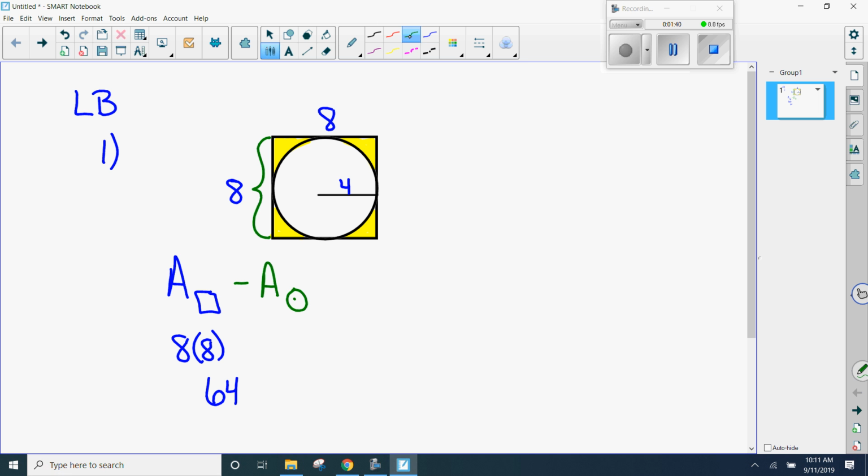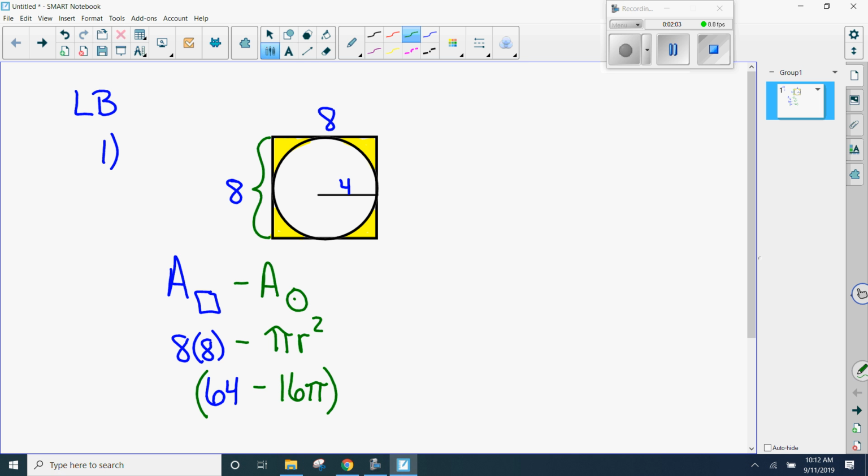What's the formula for area of a circle? Pi r squared. What is the radius squared? 16. 4 squared is 16. So you end up with 64 minus 16 pi. Some of us didn't have the 16 pi.